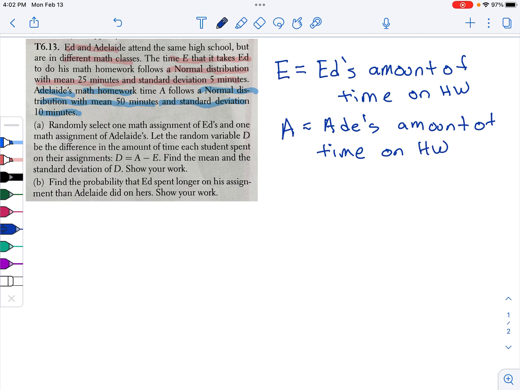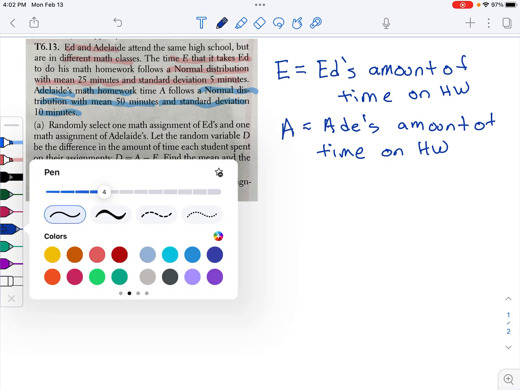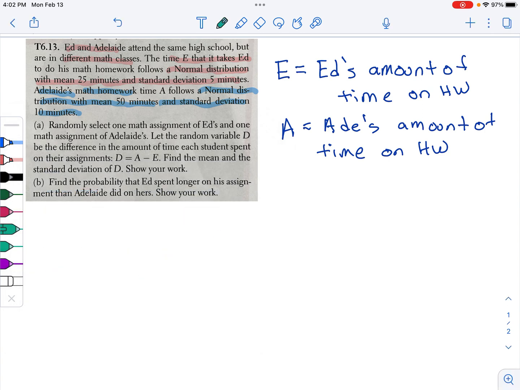So we want to make sure that we understand what the two random variables are. And we also want to define the distributions for Ed and Addie.